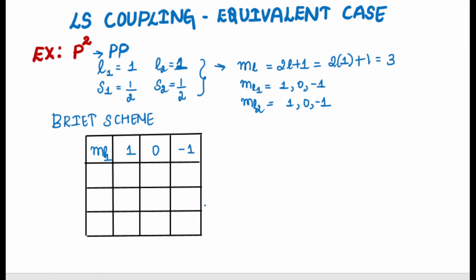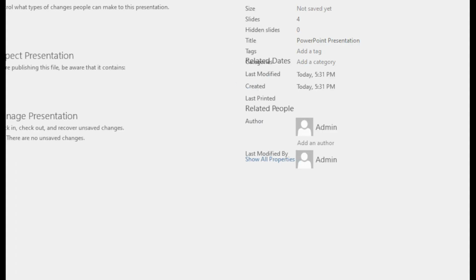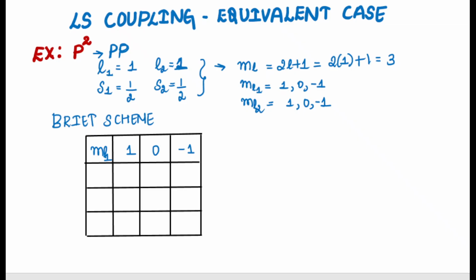And I am writing the ml2 values from the bottom. What are the values again here? Let me erase and write it properly. The ml2 values are 1, 0 and minus 1.